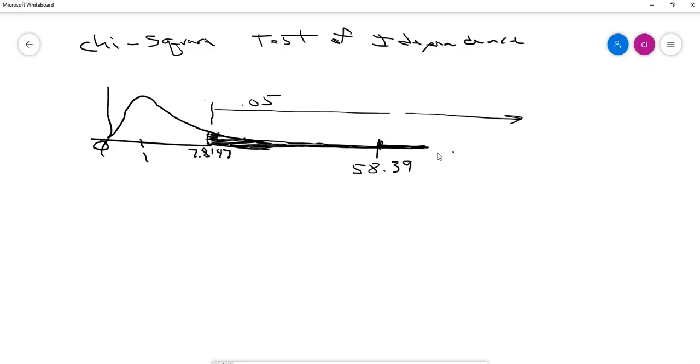So this is 5%. We're running a significance level of 5%. So remember the significance level. So that's at alpha equal to 0.05.